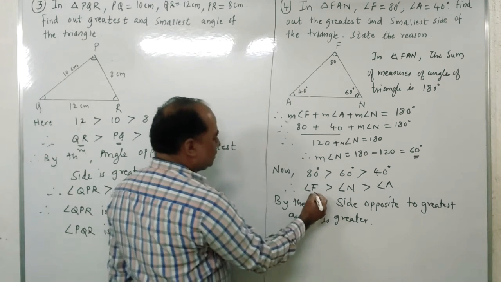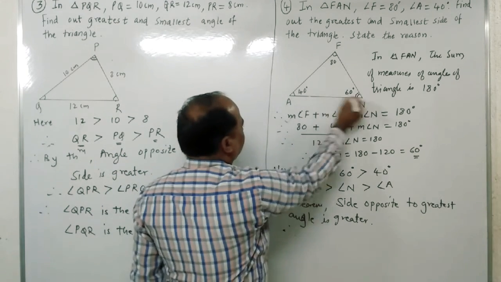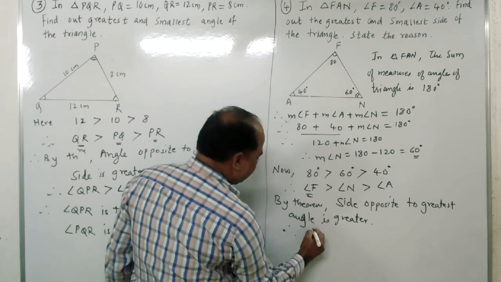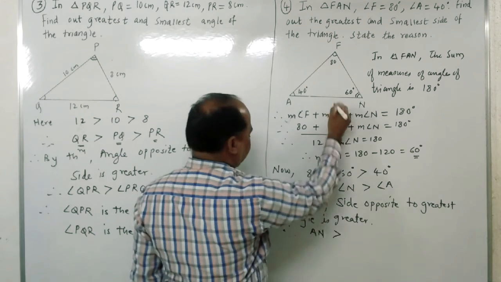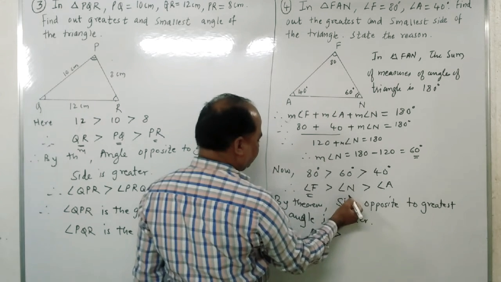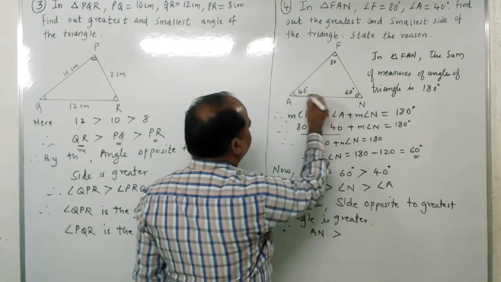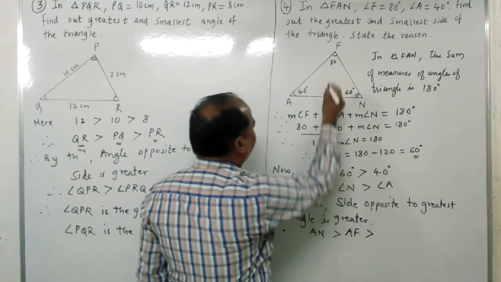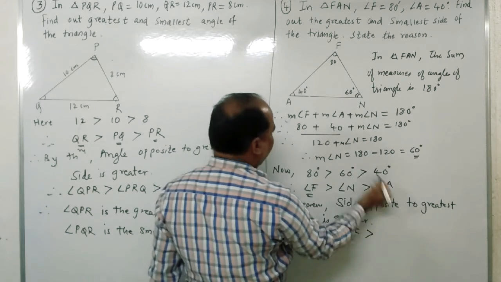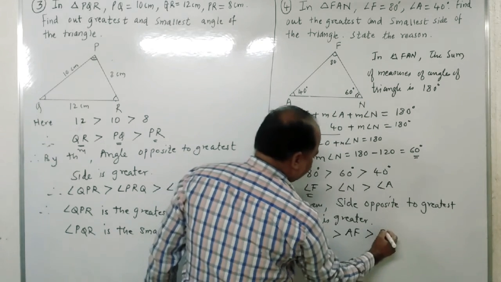Therefore, here side opposite to F is side AN. AN is greater than side opposite to angle N, which is AF. AF is greater than side opposite to A, which is FN.